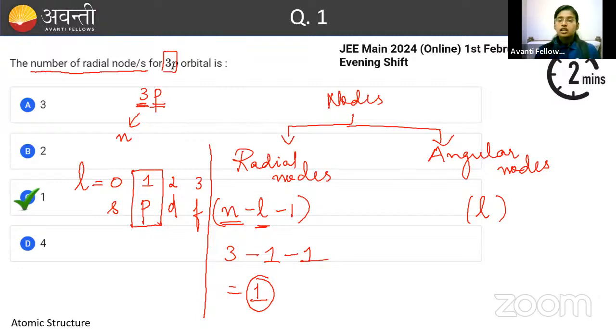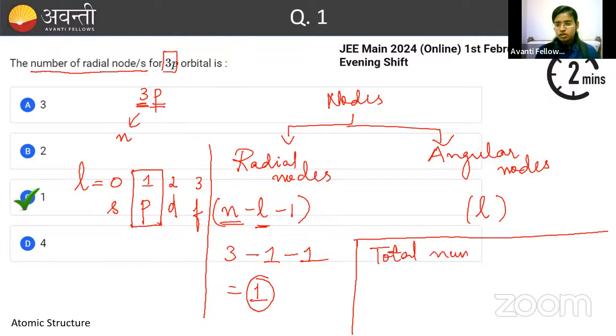I want to give one more formula to find the total number of nodes. The total number of nodes can be calculated using the n minus 1 formula.